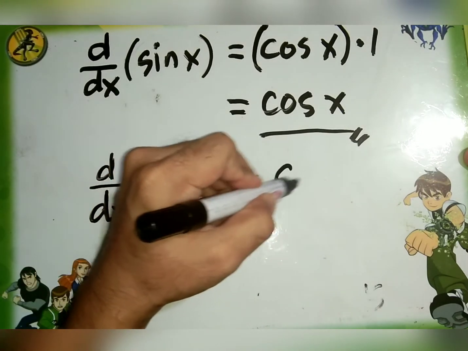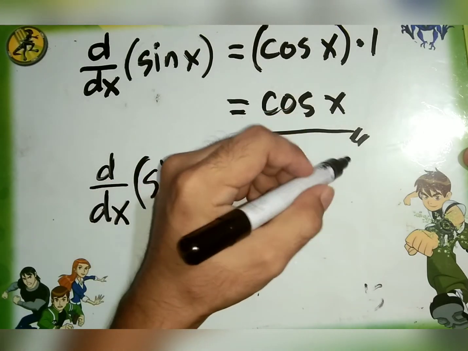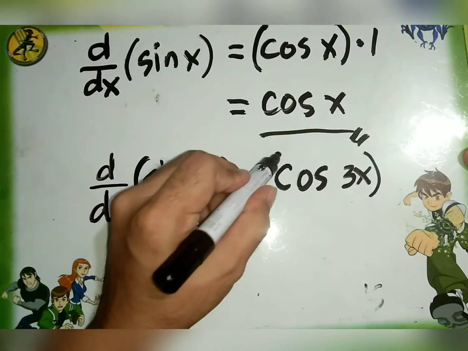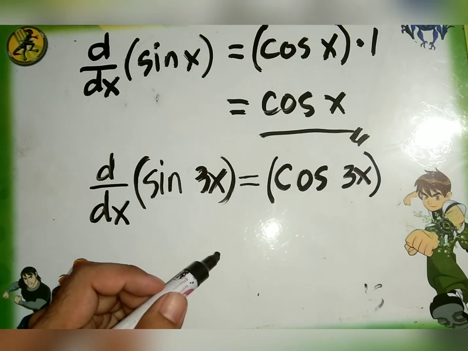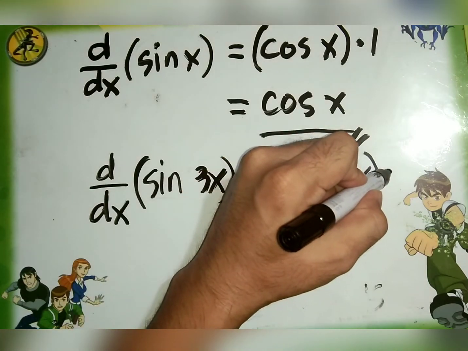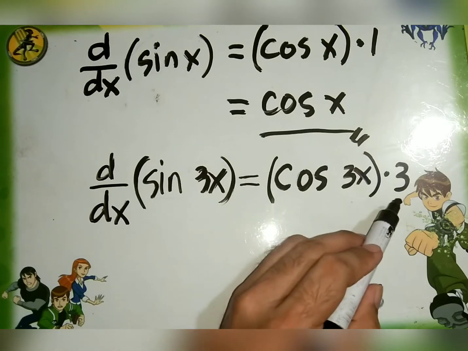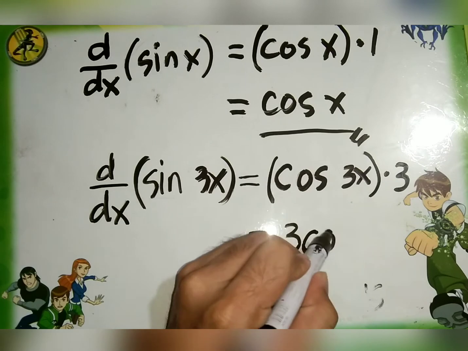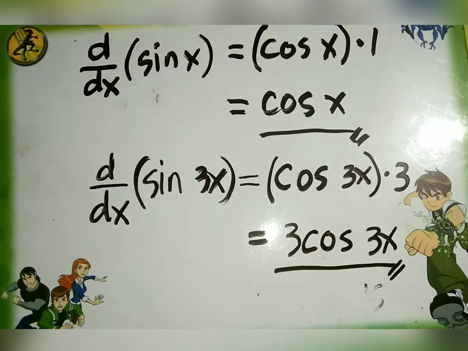So cosine, then kopyahin nyo yung angle 3x times, kunin nyo naman yung derivative ng angle. Ano yung derivative ng 3x? 3. Okay. So, cosine 3x times 3 is equal to 3 cosine 3x. That is the final answer.